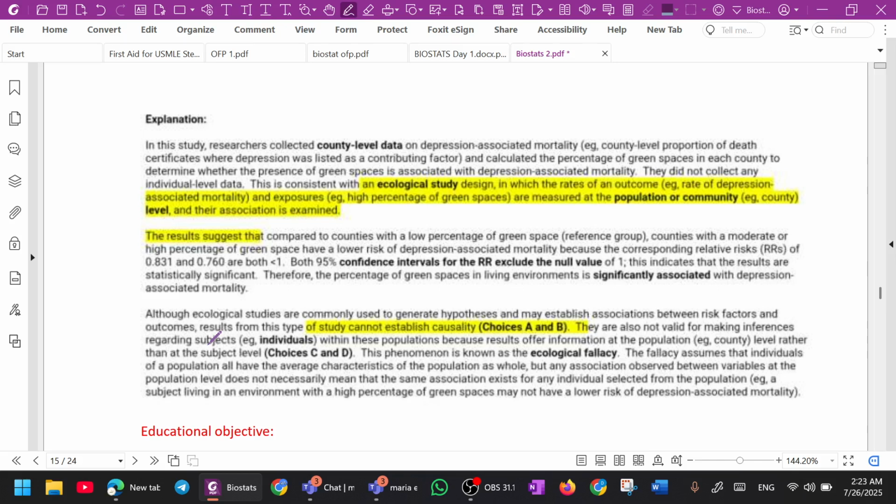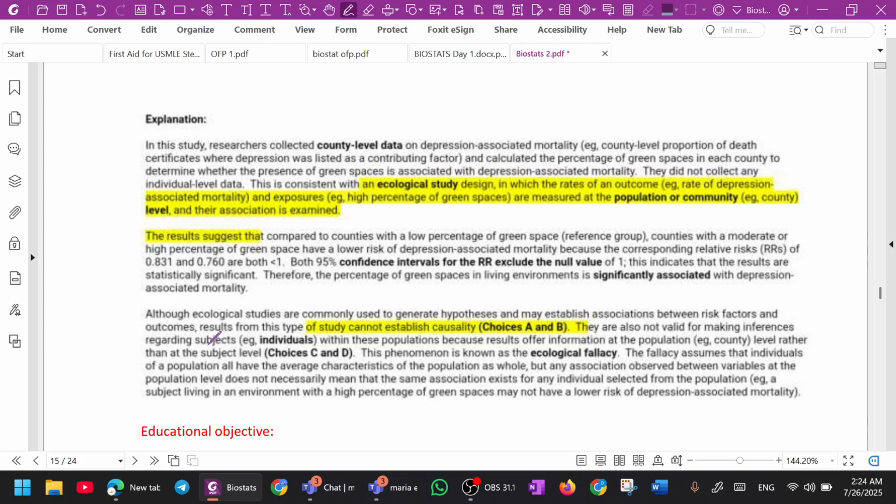The results suggest that compared to the countries with low percentage of green space, the reference group, countries with moderate and high percentage of green space have a lower risk of depression associated mortality, because the corresponding relative risks, RR, of 0.831 and 0.676 are both less than 1.